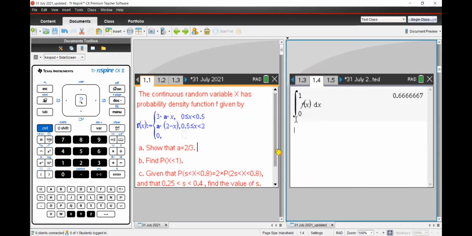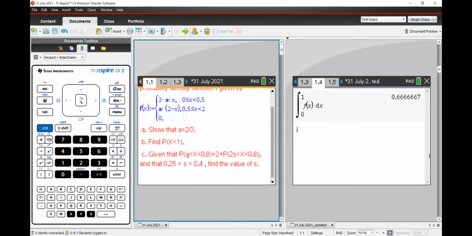In the third part, which is the more interesting part, it says: given that the probability from s to 0.8 is equal to 2 times the probability from 2s to 0.8, and s should lie between 0.25 and 0.4, find the value of s.